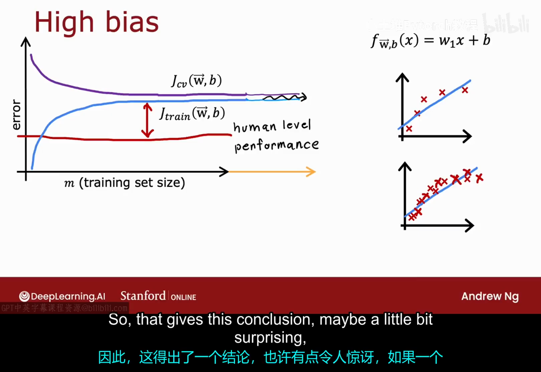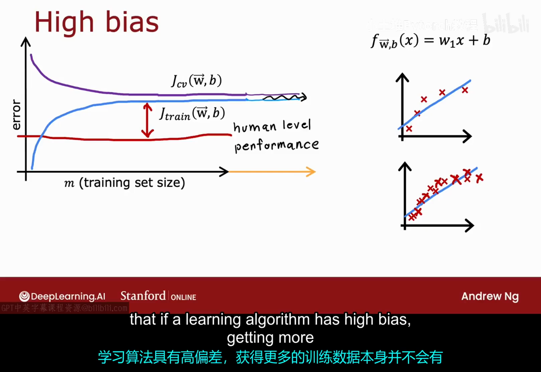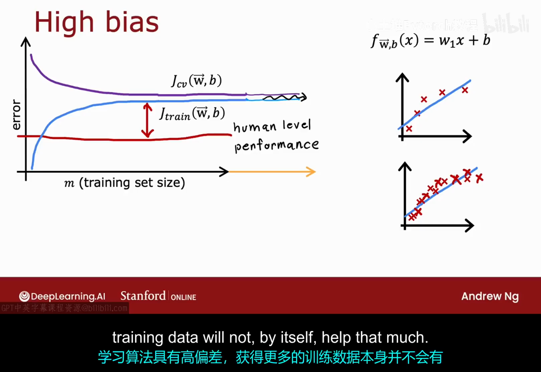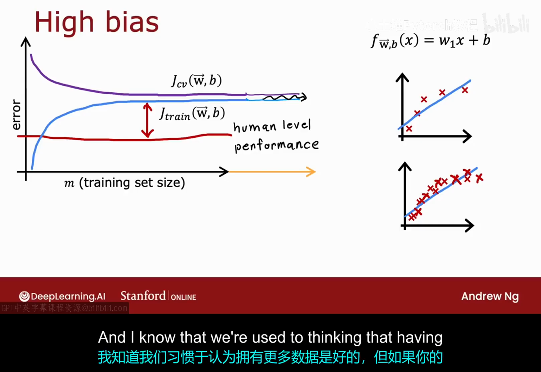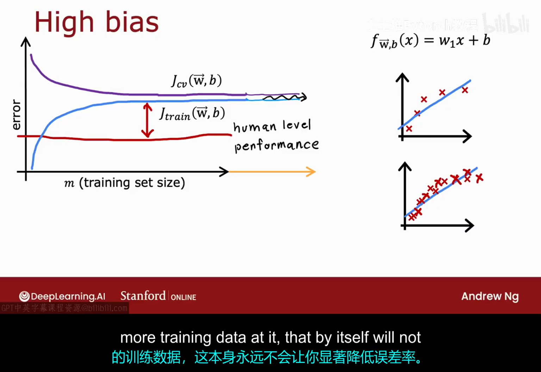So that gives this conclusion, maybe a little bit surprising, that if a learning algorithm has high bias, getting more training data will not by itself help that much. I know that we're used to thinking that having more data is good, but if your algorithm has high bias, then if the only thing you do is throw more training data at it, that by itself will not ever let you bring down the error rate that much.